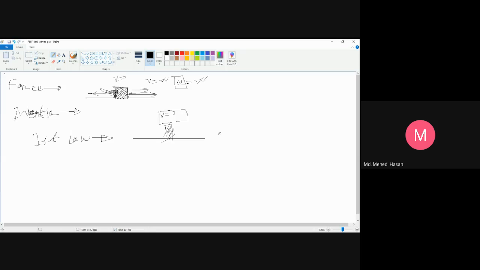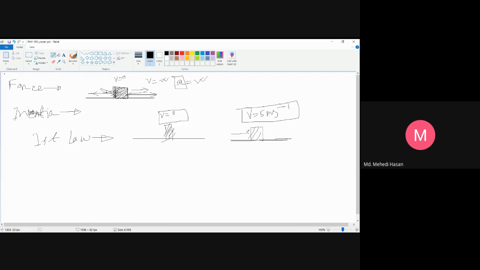Now another thing: if we consider the object moving with velocity, say v equal to 5 meters per second, and the surface is frictionless, then the object will move with the same velocity. The velocity will remain the same, 5 meters per second, if there are no external forces applied.